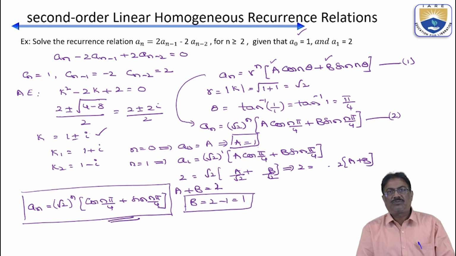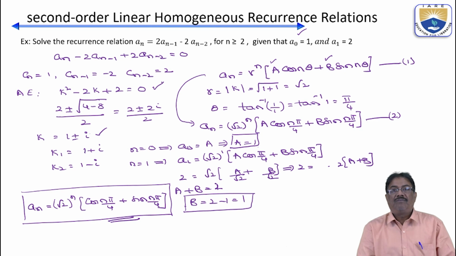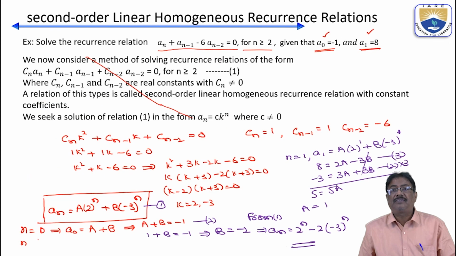So we discussed so far the cases of the recurrence relation, whenever the auxiliary equation has roots. In the first problem, the roots are real and distinct, and we found the particular solution.